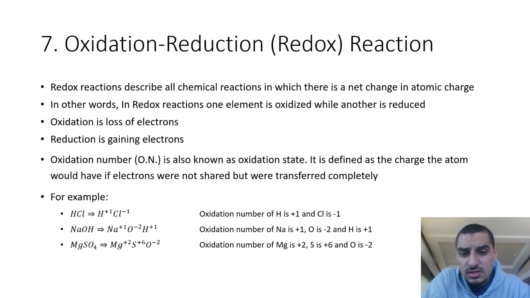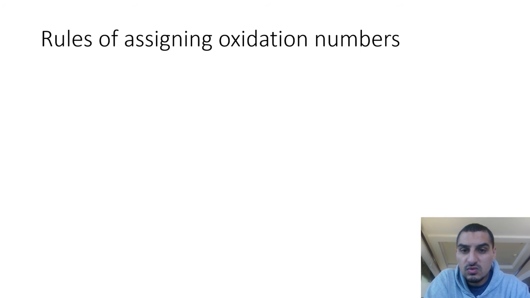So it's important for us, to know if this is an oxidation or reduction reaction, to know which one of the elements performed the oxidation and which one performed the reduction. And that's why there are some rules to assign the oxidation numbers first before we go ahead and see which got oxidized and which got reduced.